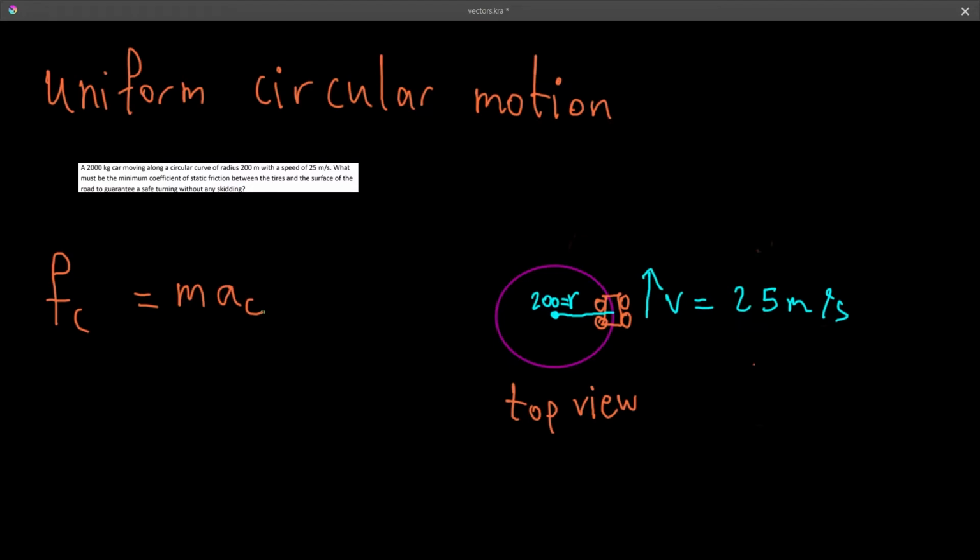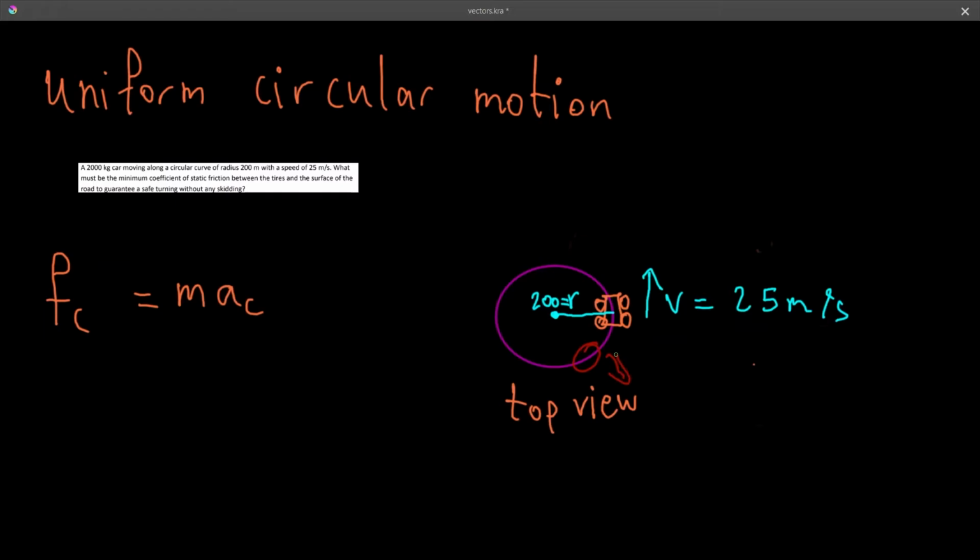Now, what is F centripetal in this case? Well, we look at the car and we think, okay, what is the force pulling the car towards the center? Right now, the car is trying to skid this way. It has inertia to go this way, right? When it's turning, not specifically in this instance, but when it's turning, for example, if the car was over here, it would be attempting to skid this way.